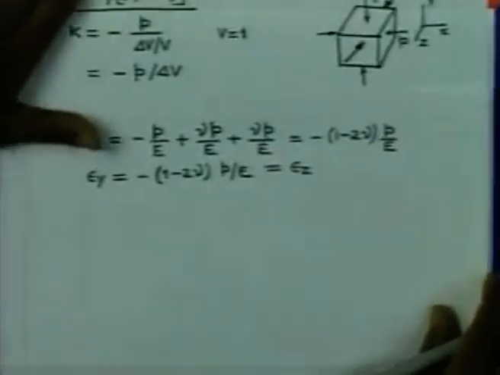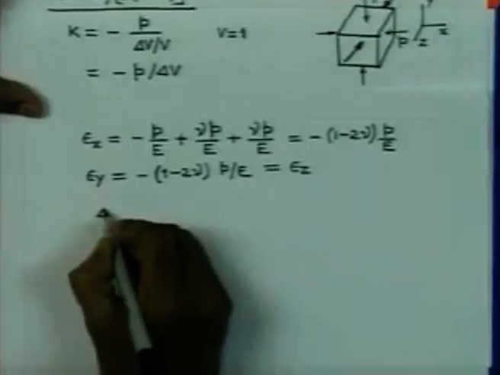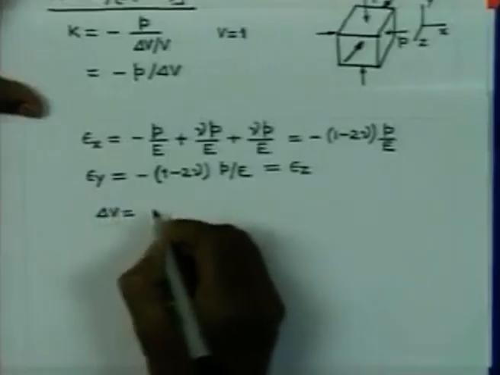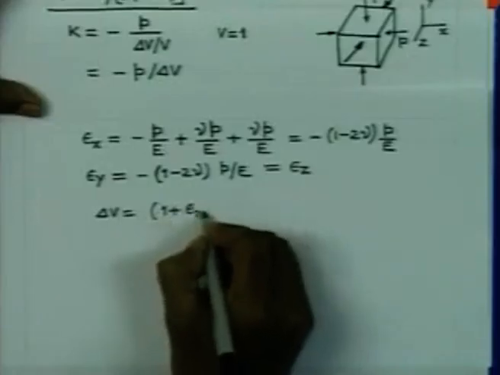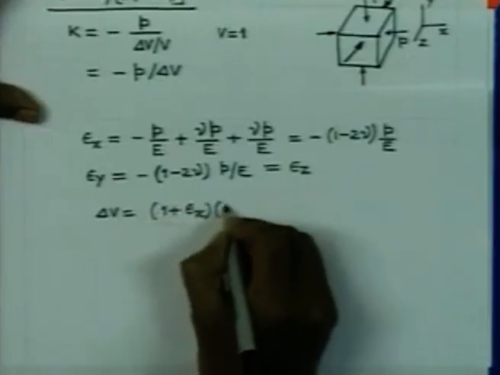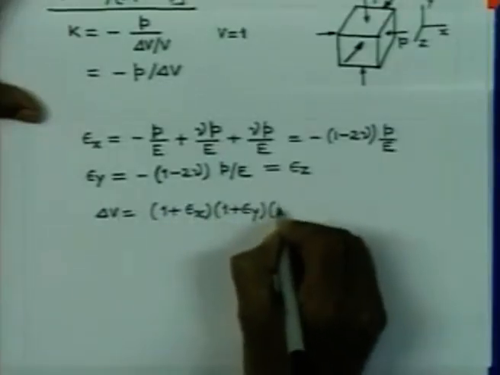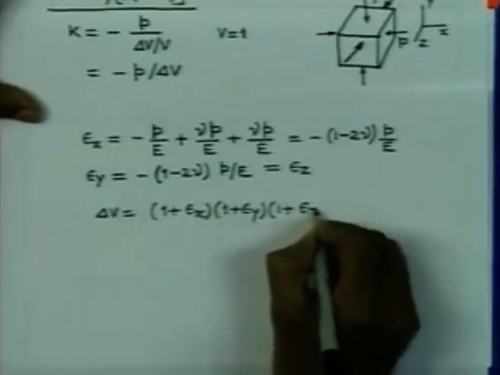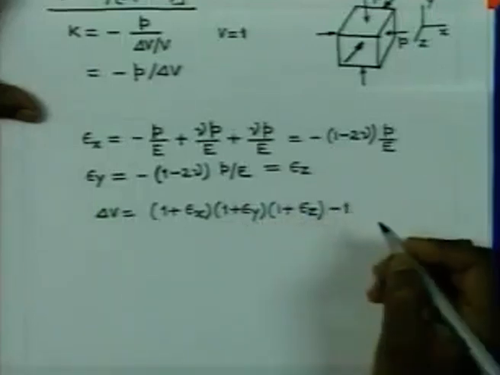Now, the increase in volume. If I consider the change in volume, it is nothing but the new volume, which is 1 plus epsilon x into 1 plus epsilon y into 1 plus epsilon z, minus the initial volume, which is 1.